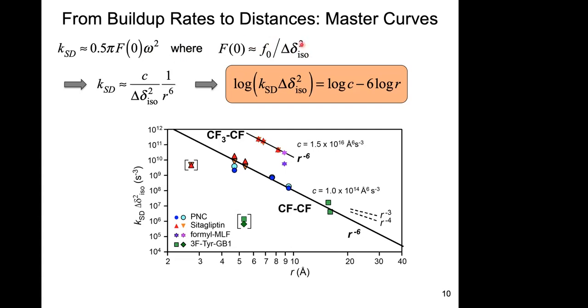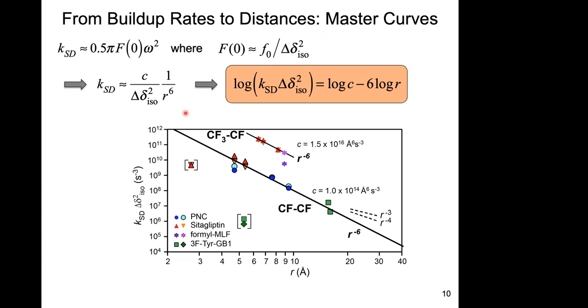With that understanding, we can recast the build-up spin exchange rate this way. It's inversely related to distance to the sixth power, and inversely related to the chemical shift difference squared. So that's no problem. And then I can plot all of the KSD that I measured, which is the inverse of tau, the time constant, in a logarithmic way as a function of distance.